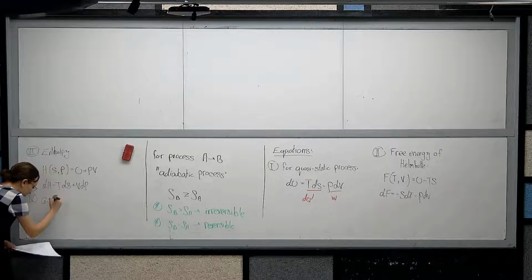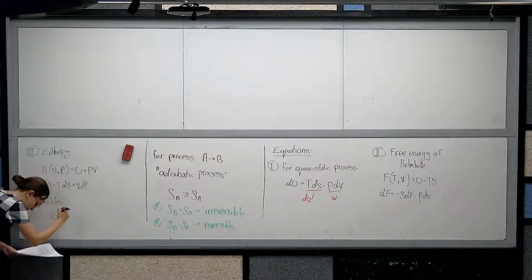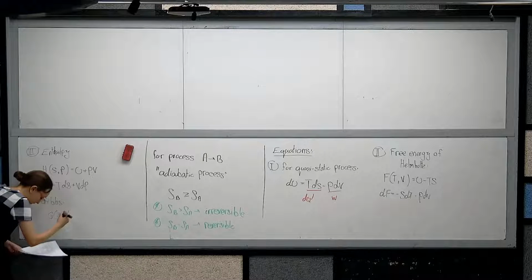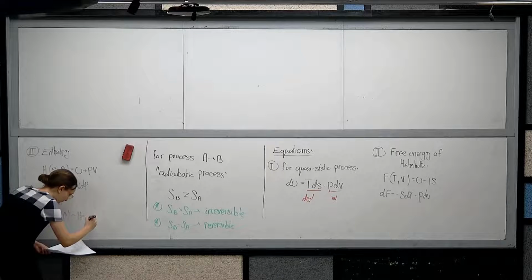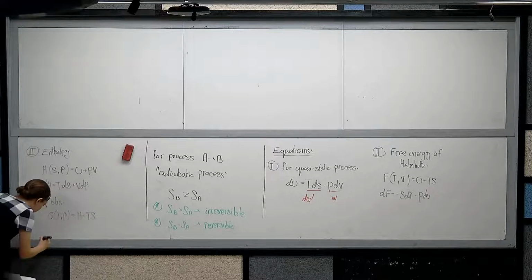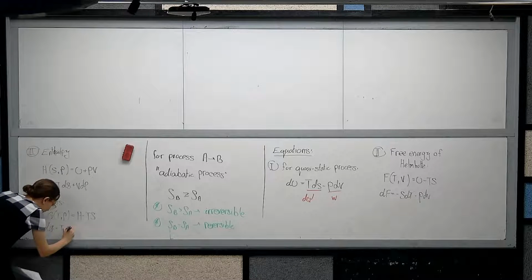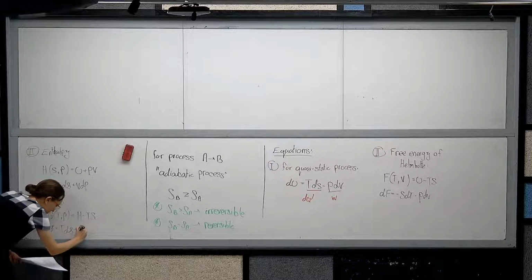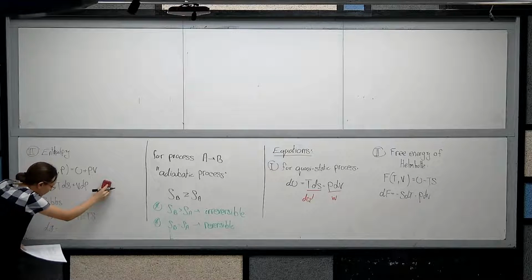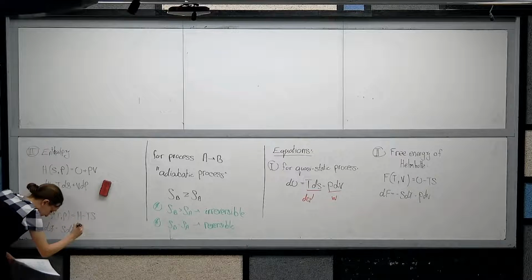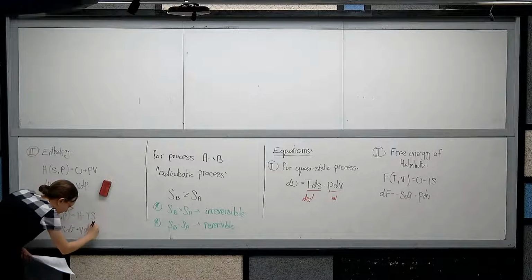And the last one is the free energy of Gibbs. So G of T and P equals H minus TS, and its differential equals minus SdT plus VdP.